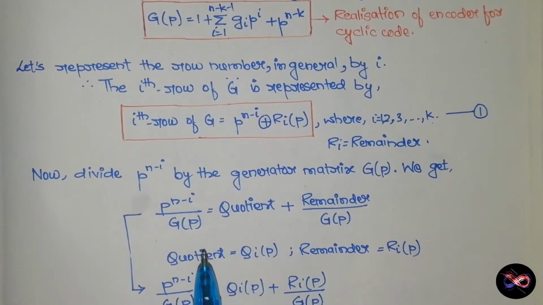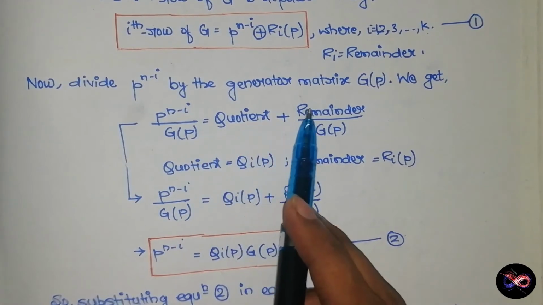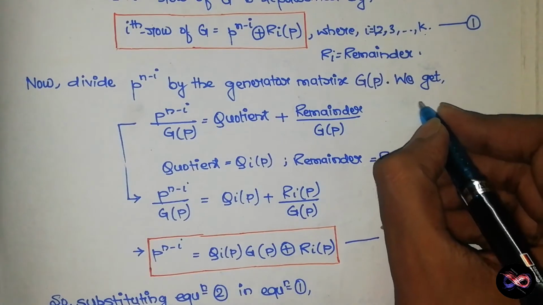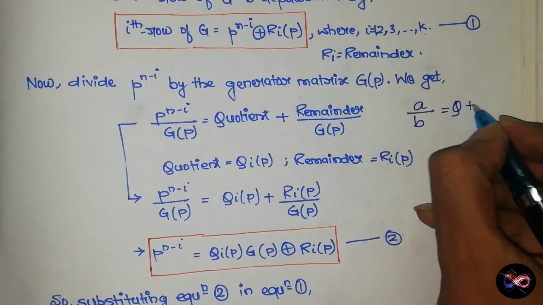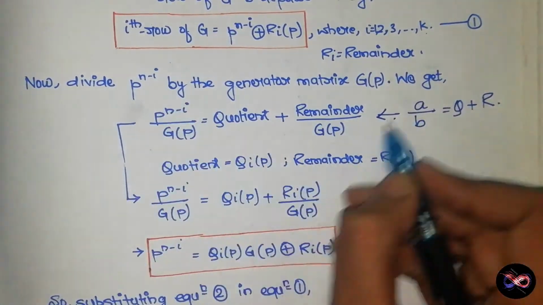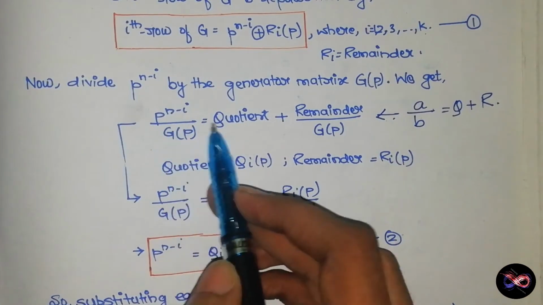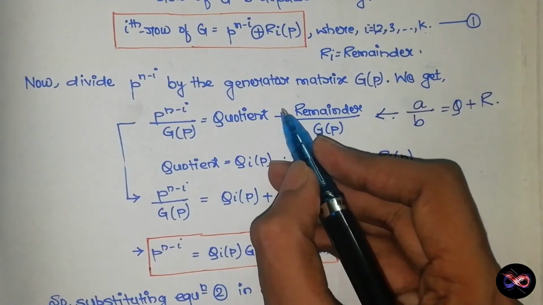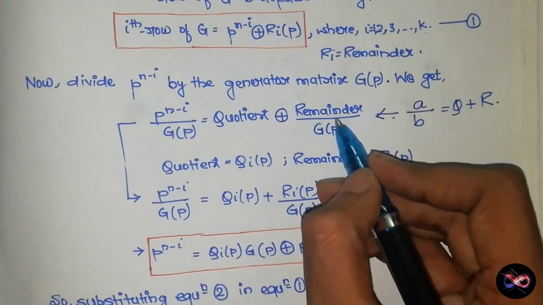Now we will divide p to the power n minus i by the generator polynomial g(p). From the basic concept, if we divide a number by another number, we get a quotient and a remainder. So we are dividing p to the power n minus i by the generator polynomial g(p), and we get a quotient plus, remember this is the XOR operation, not normal addition, plus the remainder by g(p).